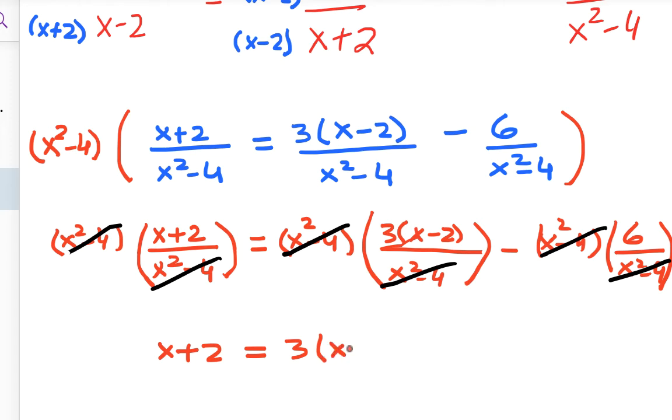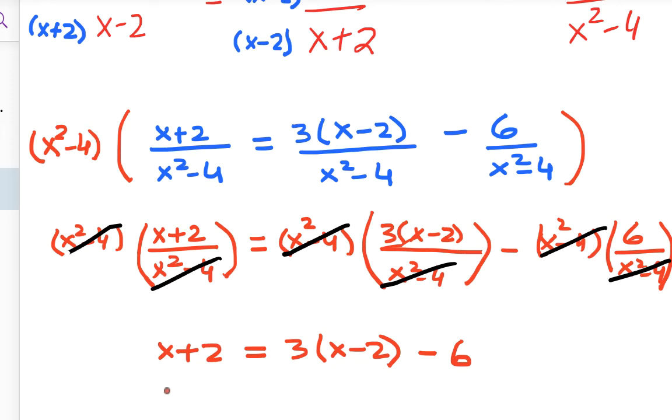Remember, I have not yet opened up this expression, which I'll do in the next step. I just first wanted to get rid of the x² − 4 in the denominator. Now it's simple. We can open it up and solve for x.